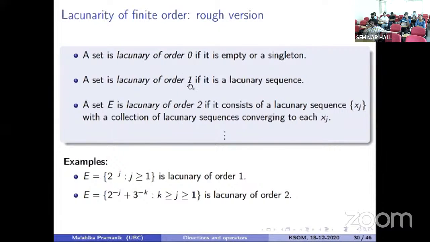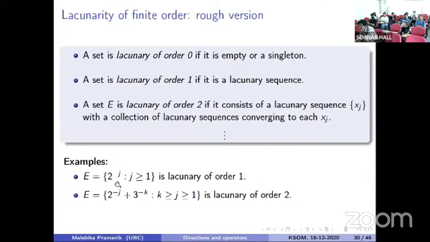A set is lacunary of order 1 if it is a lacunary sequence, as we just described in the last slide. A set is lacunary of order 2 if it consists of a lacunary sequence xj along with a countable collection of lacunary sequences, the jth one converging to xj.